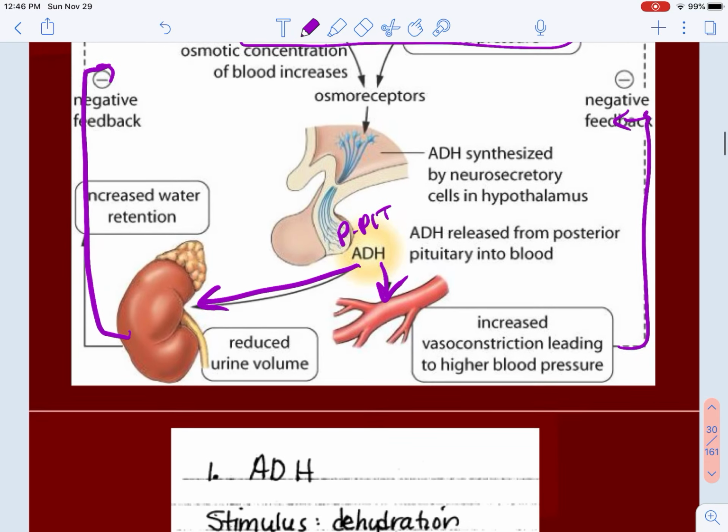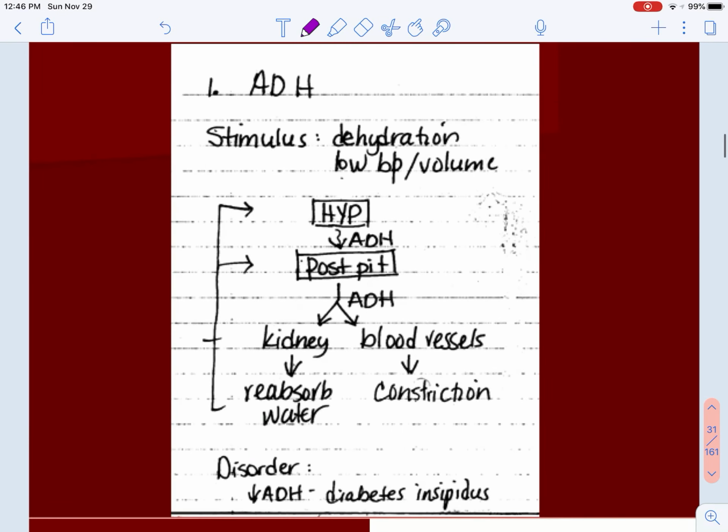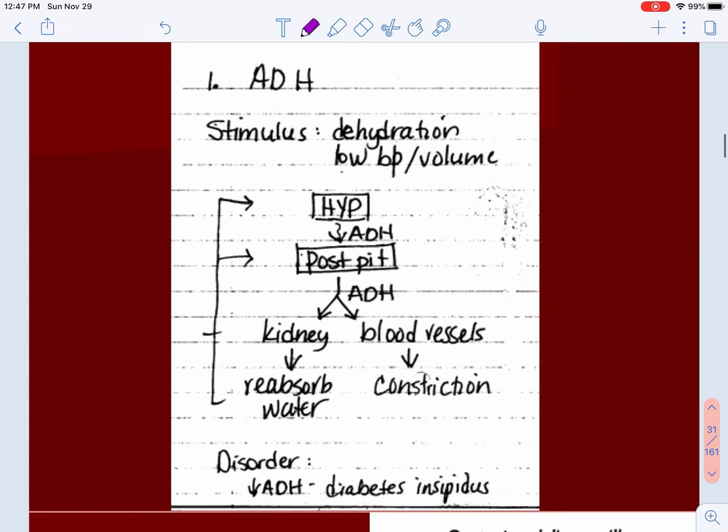And I have a way that I like to draw my feedback loops, and I would like you to all get flashcards, or you need about a dozen, or you can get a piece of paper and just make your collection of feedback loops on that paper.